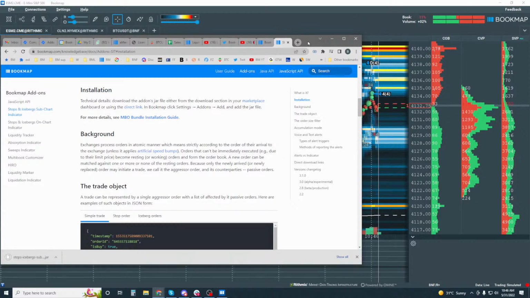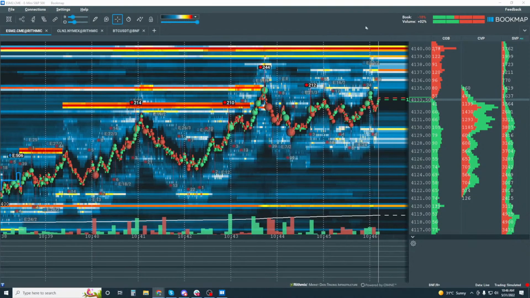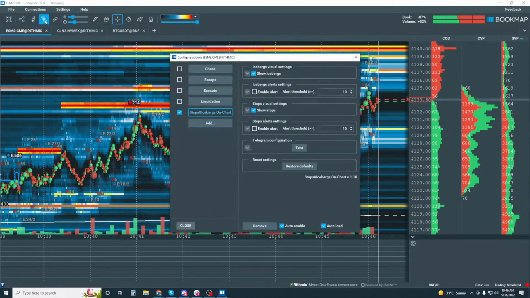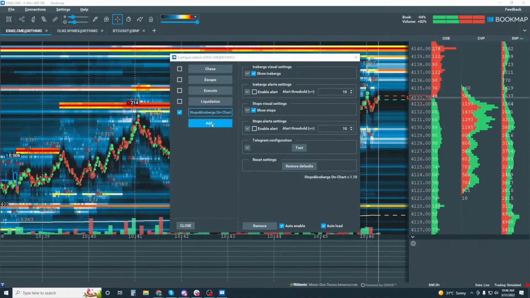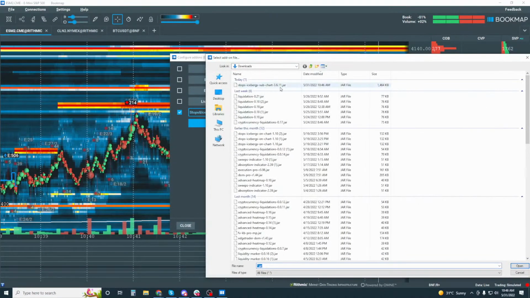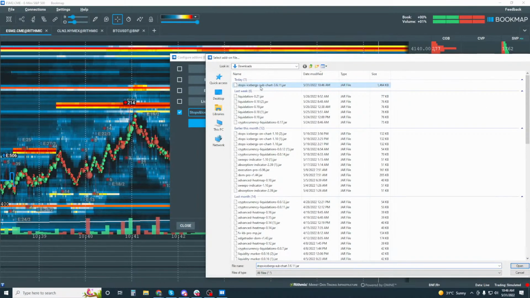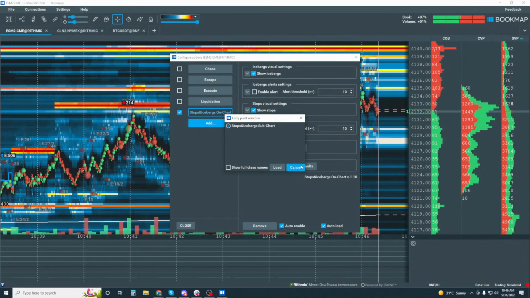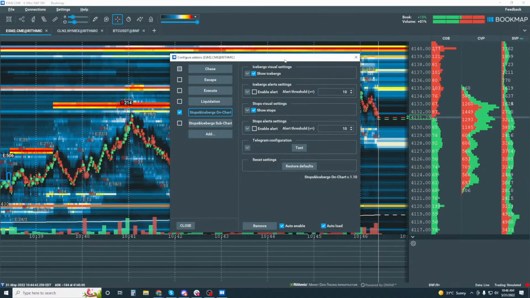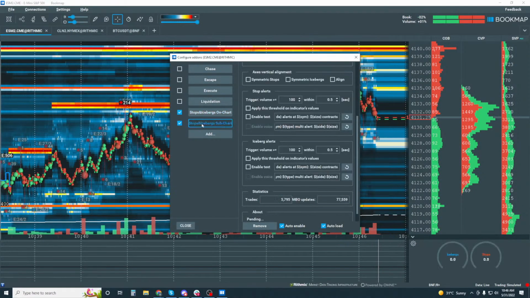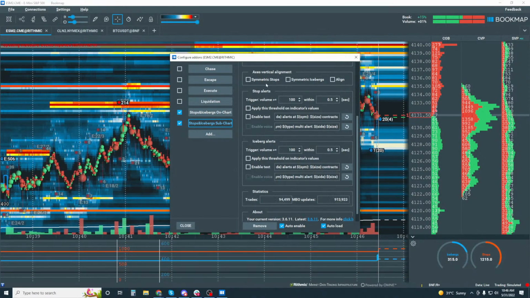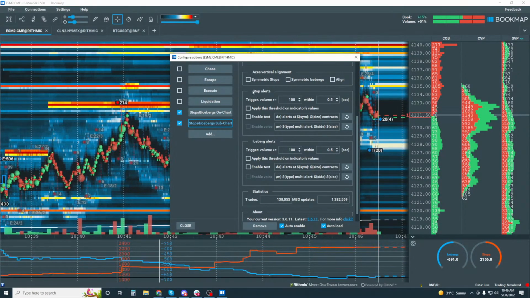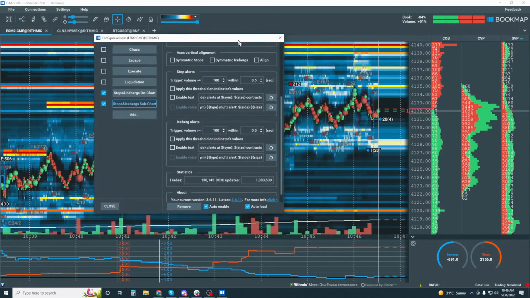Now we've downloaded it, we're going to add it via configure add-ons, add. Here's our download, double click, select it, add it, and then select it here, and you have all the different settings in here.